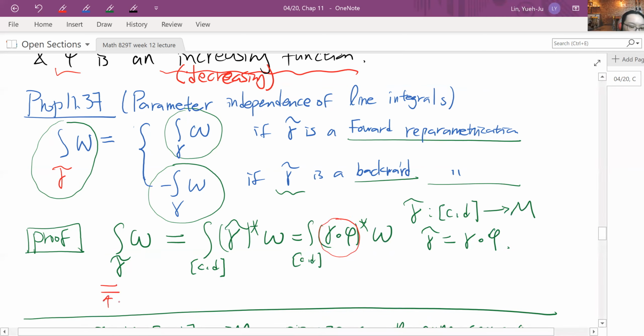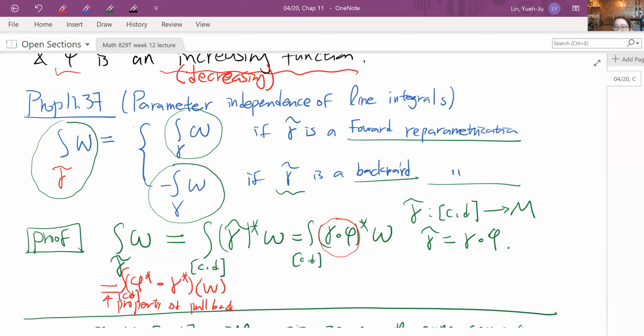So the pullback of gamma composed with phi will actually be phi star composed with gamma star, acting on W. So this is the integral on [c, d]. You can actually check it yourself. I want to be a little bit sloppy here, but as you can imagine, this would be the case.